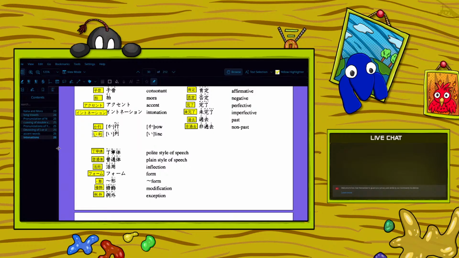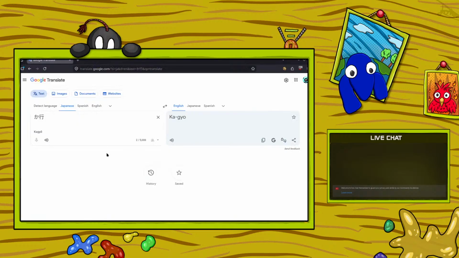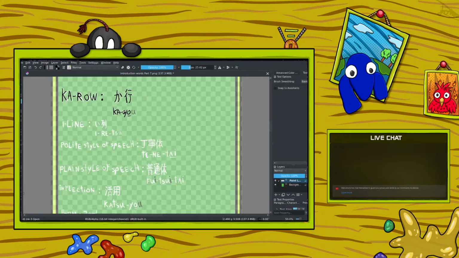So it's a little bit of a difference, but let's see if I can get this right. The I row. 異列、 Yes, iretsu. Alright, so time to write it down. The I line. That's I.